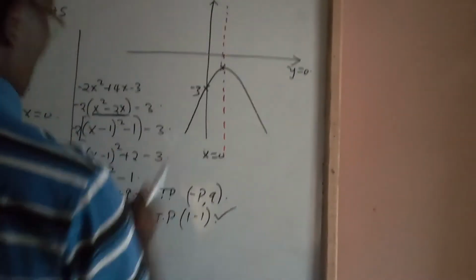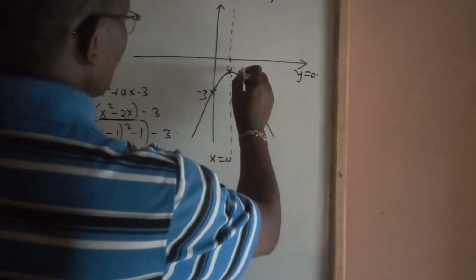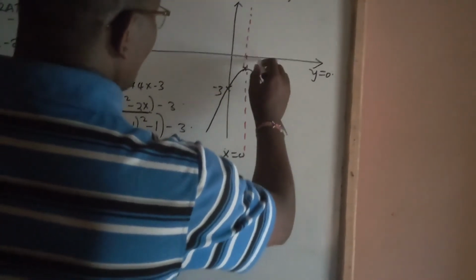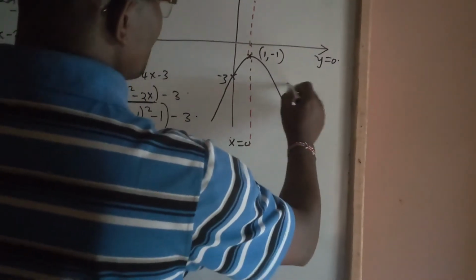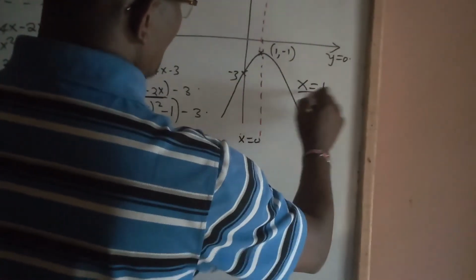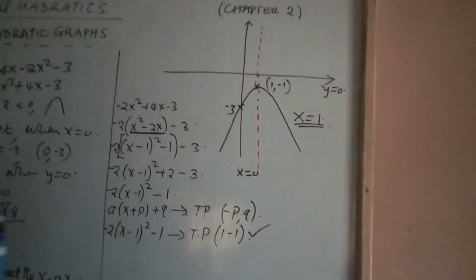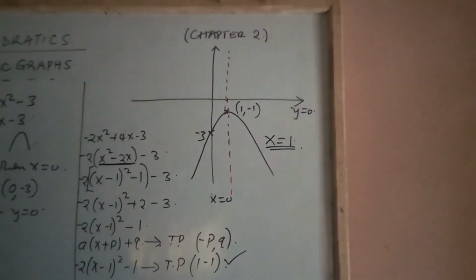So it passes through the point (1, -1), and since it is a vertical line, the line of symmetry is x equals 1. That is the equation of the line of symmetry.